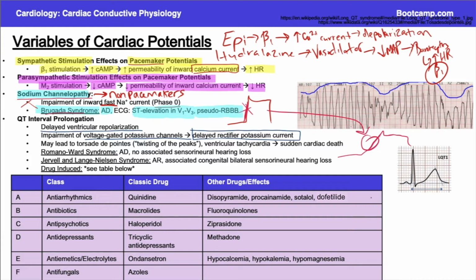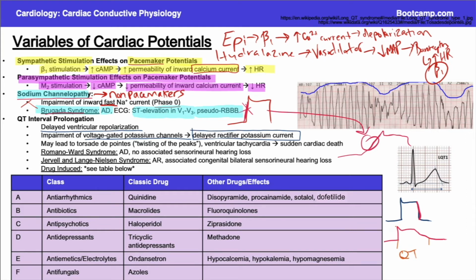So again, if we're trying to compare this, it would be something like this. Here's my original curve, and essentially what's happening is I'm affecting the repolarization phase. And so if I delay my ventricular repolarization, it might look something like that. So this is going to be a longer ventricular repolarization. But remember what I told you, this area from about here to here, when we get back to resting potential, that's the QT interval.